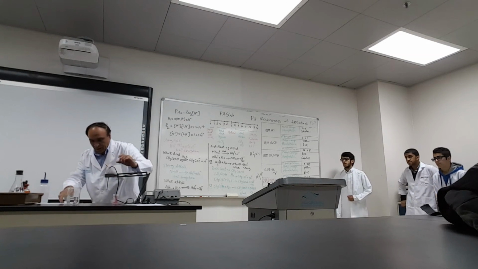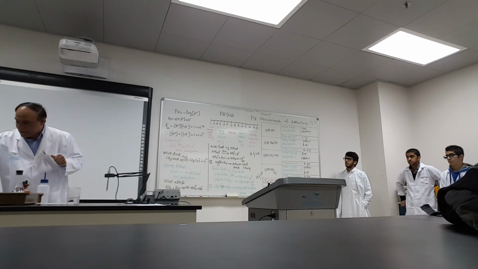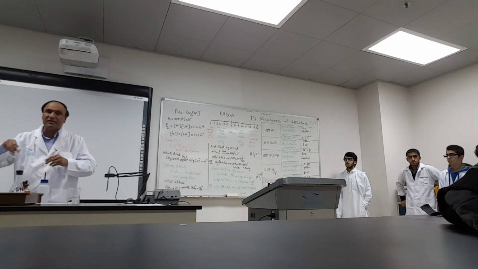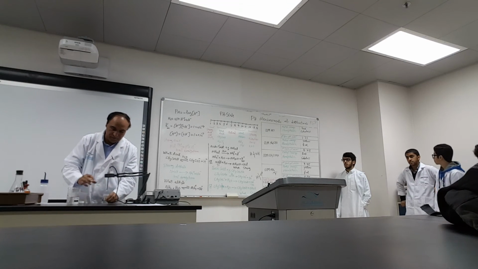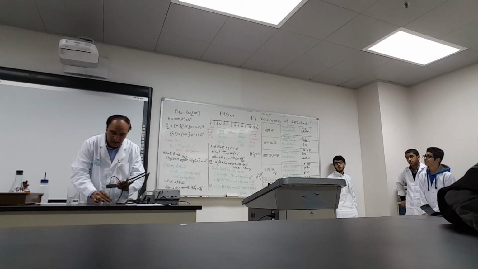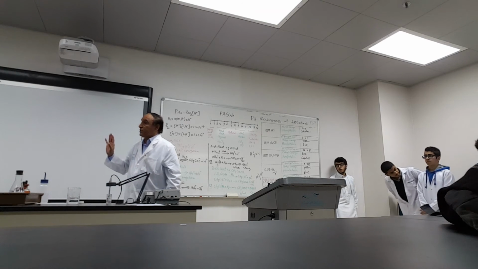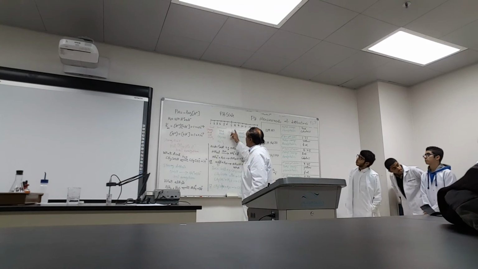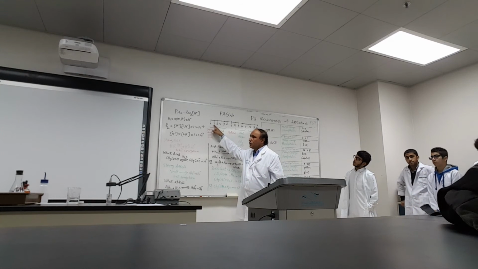And I will put into it a solution. For example, I will put HCl. What is HCl? Which acid? HCl is a strong acid. Strong acid means where should the pH come? 1 to 2. It should come between 1 to 2, right?